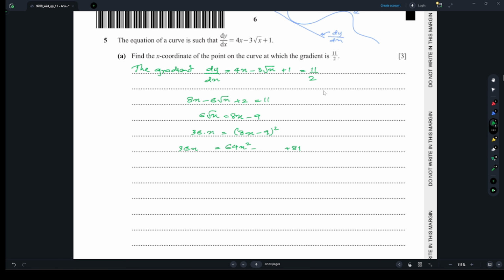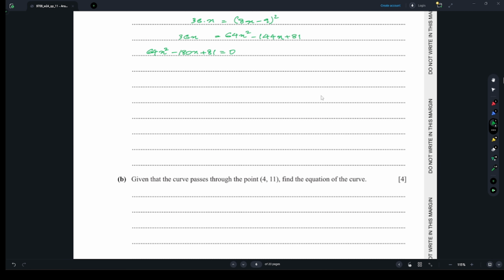It should be 2 times 16 times 9, 144x. And then when I bring 36 to the other side, 144 plus 36 is 180. Okay, so you have 64x squared minus 180x plus 81 equals 0.